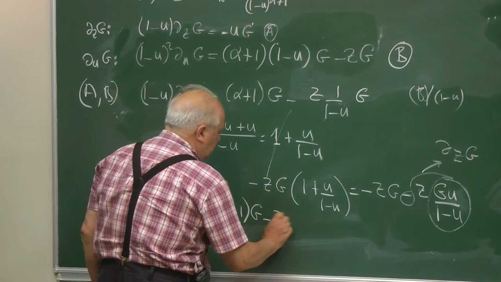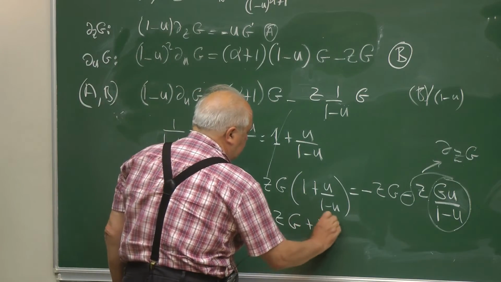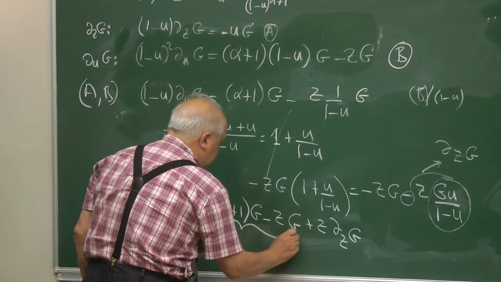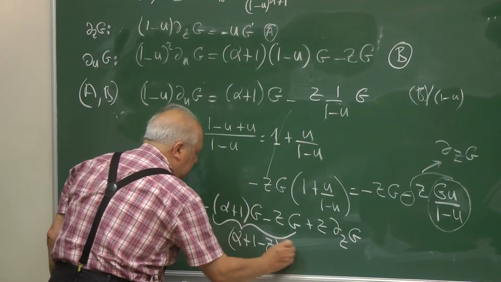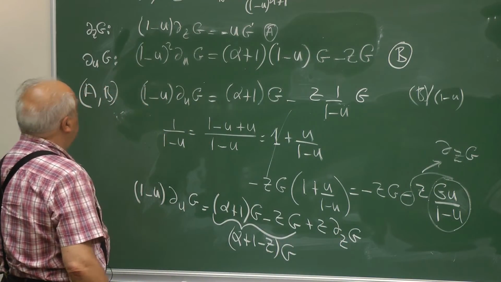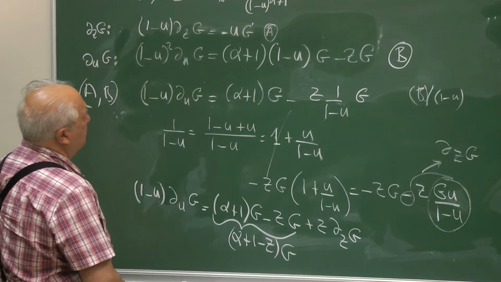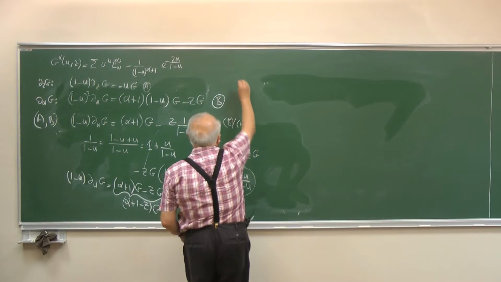minus z g plus z delta z g, or this one is (alpha plus 1 minus z) g. So I will simply write this thing to the top.